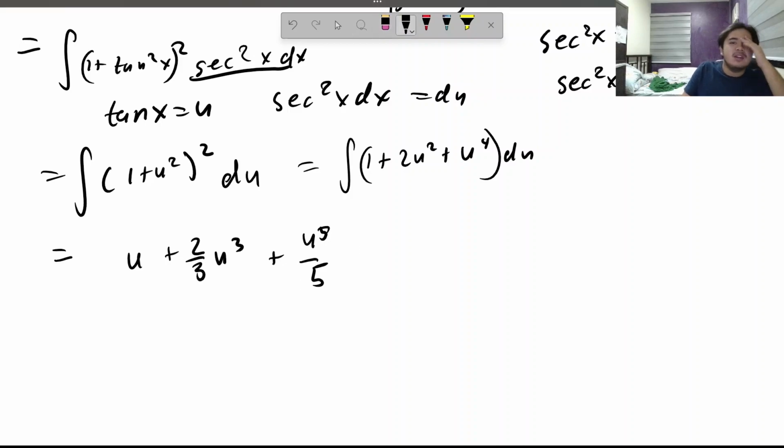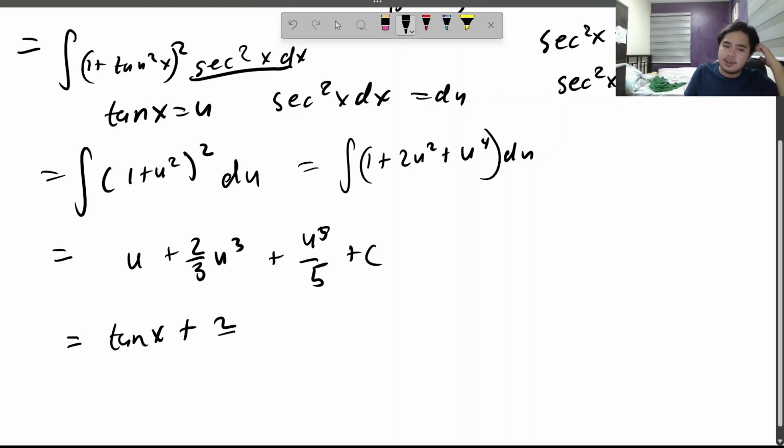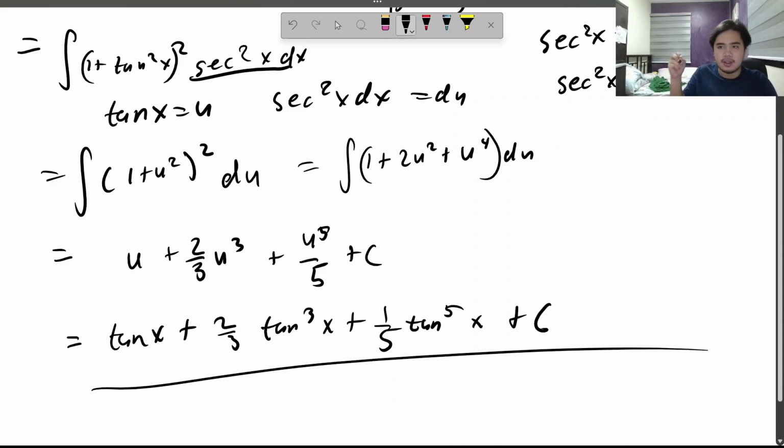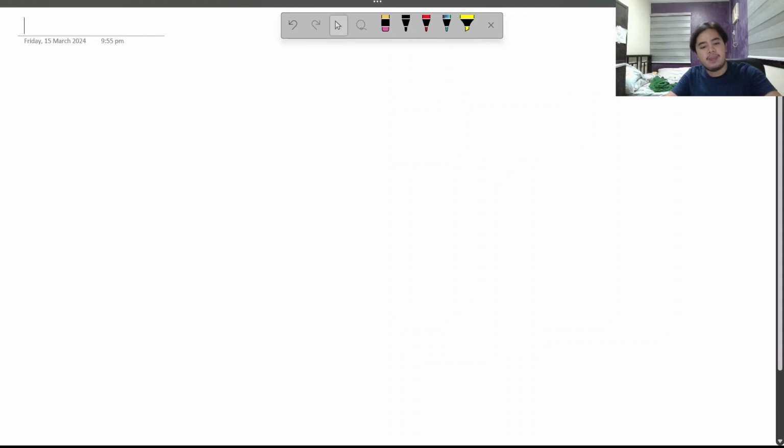Anyway, and then we can turn everything back into tangent x. So tangent x plus 2 over 3 tangent cubed x plus 1 over 5 tangent to the power 5x plus c. That's the answer. Nice. Next page.